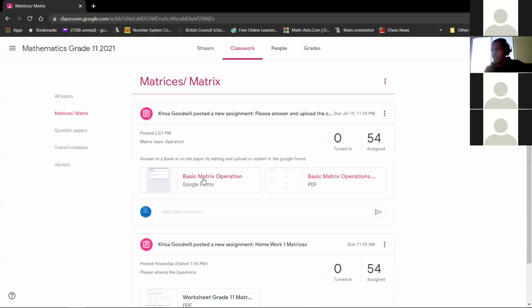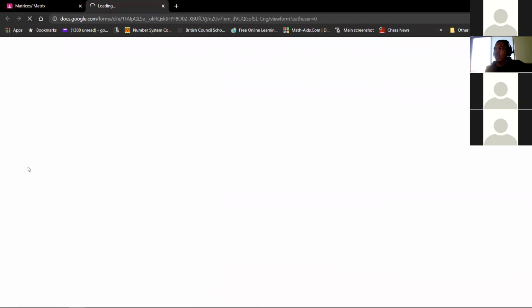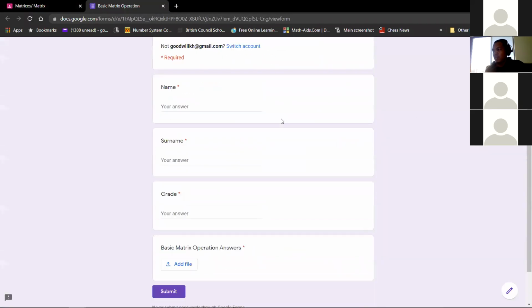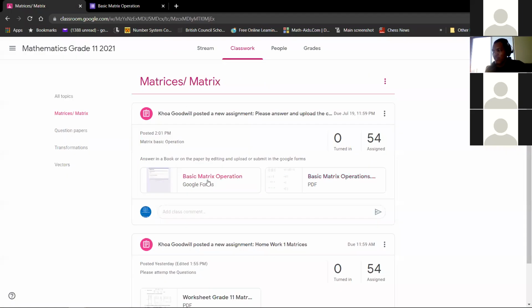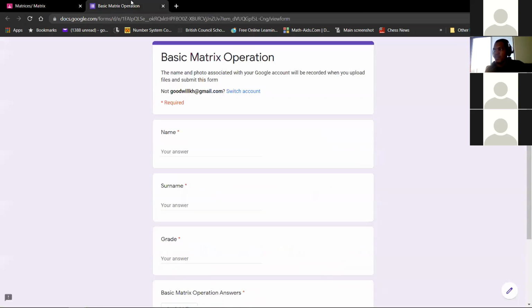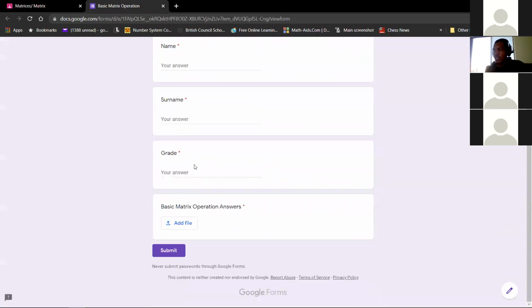So once you get this and you write it down on a piece of paper or answer on the paper, then please, this is the part where you have to upload, okay? So you have this Google form where you have to upload your answers. You write your name, your surname, your grade, and it says here, add a file, okay?